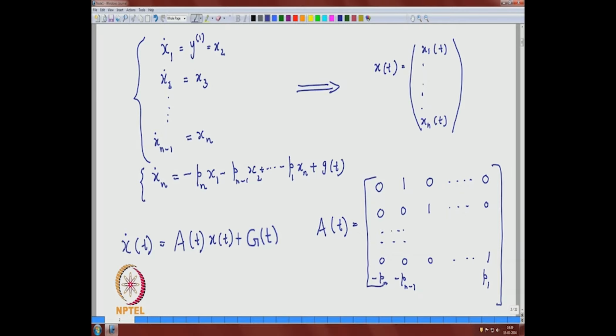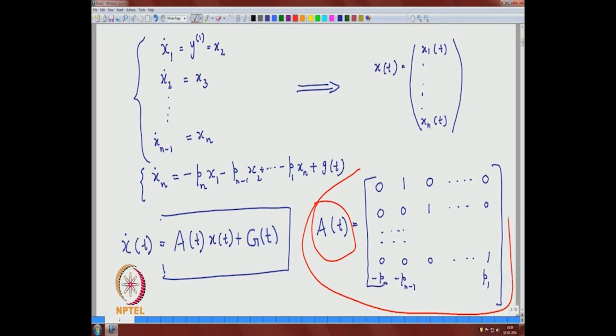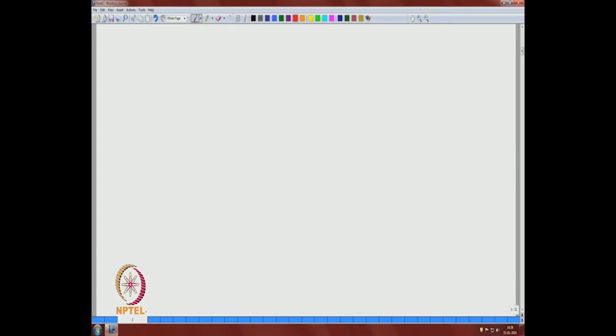you will have this kind of system. That gives you a linear system of equations with A(t) in this special form. But this allows us to consider any general A(t); you do not have to consider it that way.